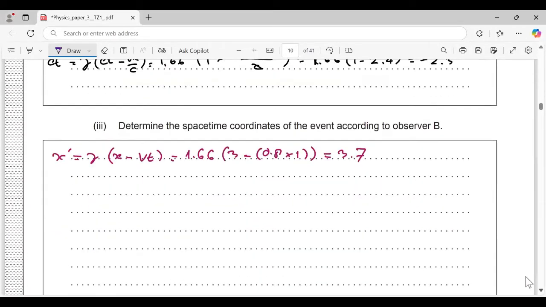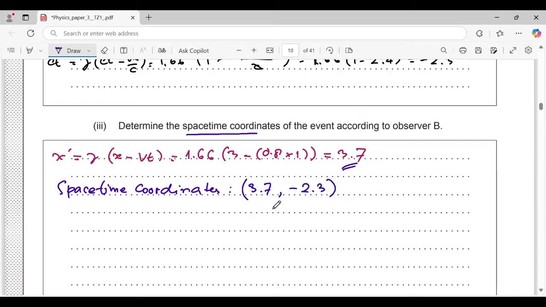So we can state that the space-time coordinates are 3.7, this number, comma, minus 2.3. This is the space-time coordinates.